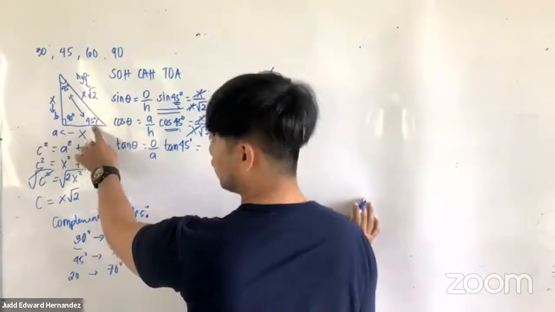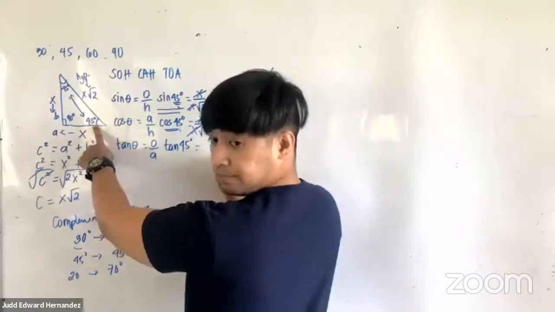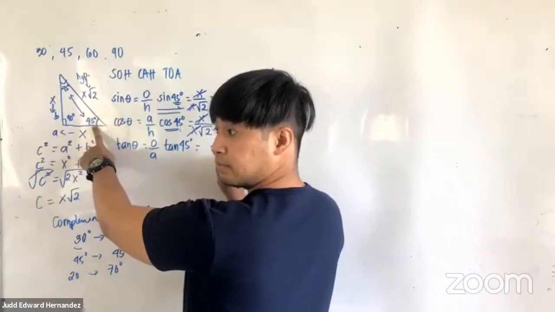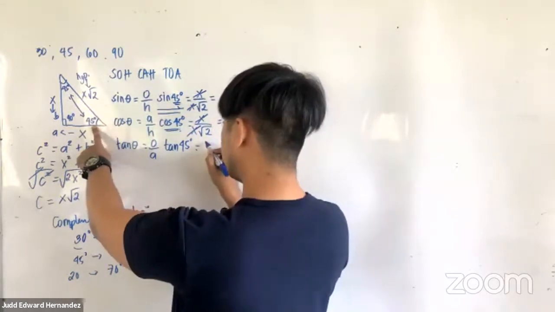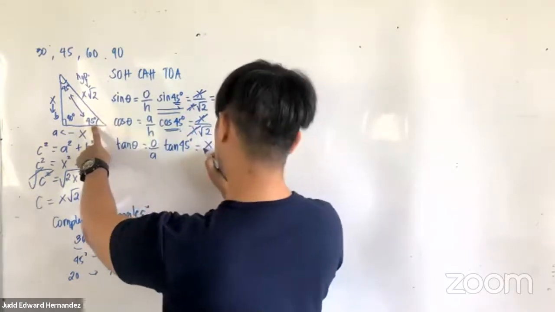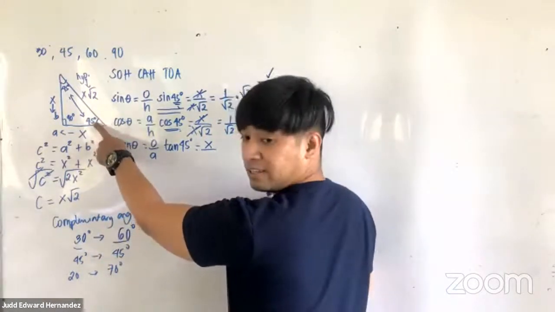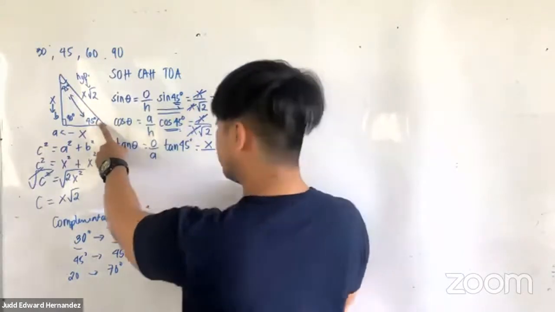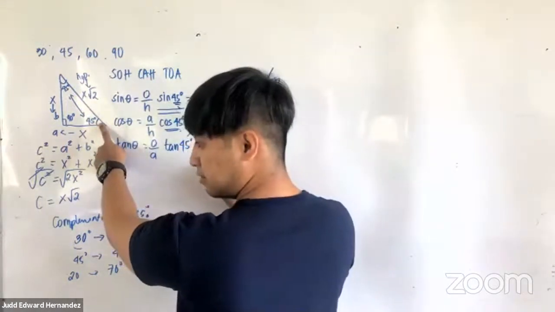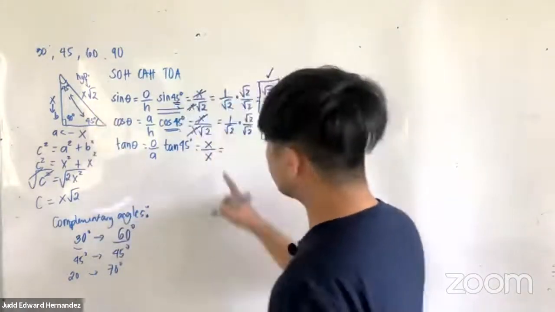Tingin tayo dito kay 45 degree. What is the opposite side? X. What is the adjacent side of 45 degrees? X po. Okay. Therefore, that is now equal to x over x.